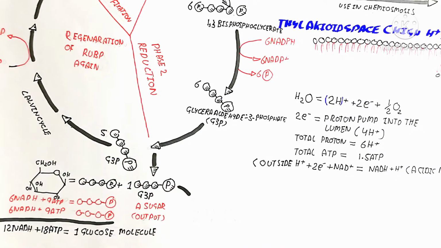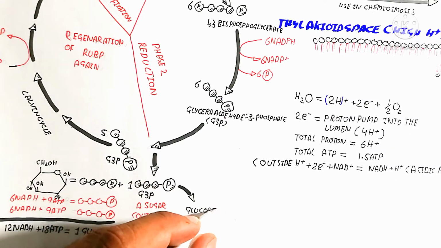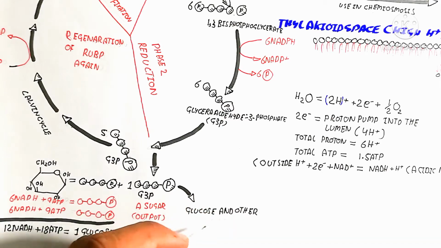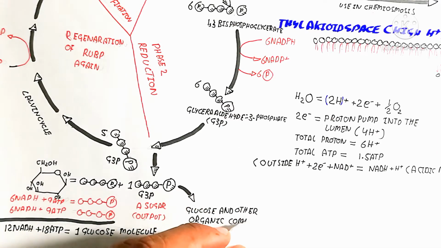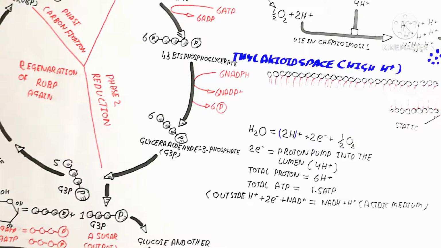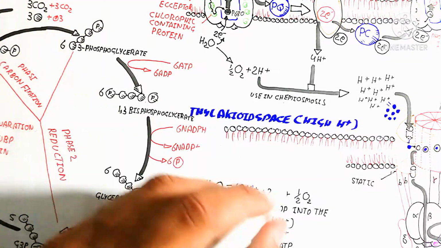So doubled, it means 12 NADPH and 18 ATP will be used. How is it possible? Next, we will discuss the calculation of protons to understand it.